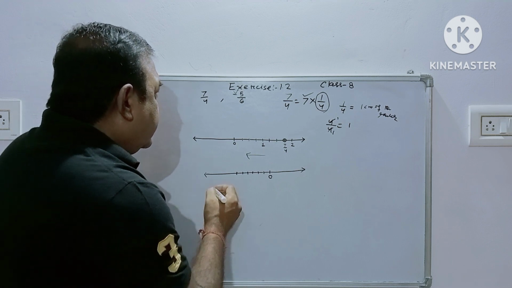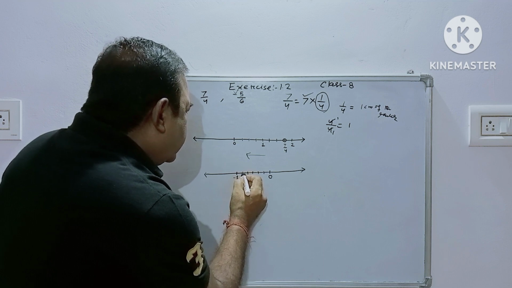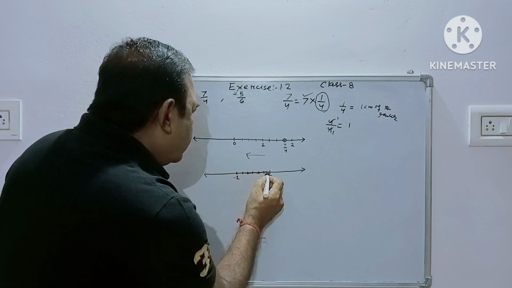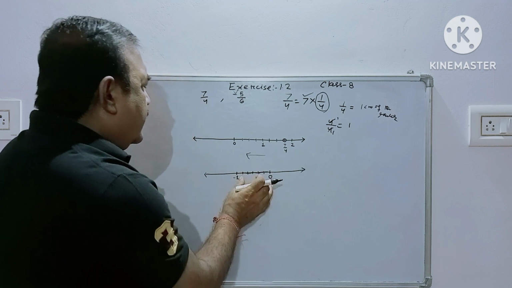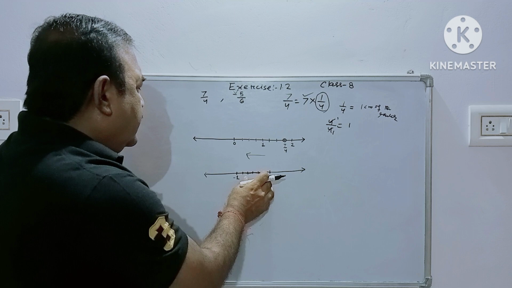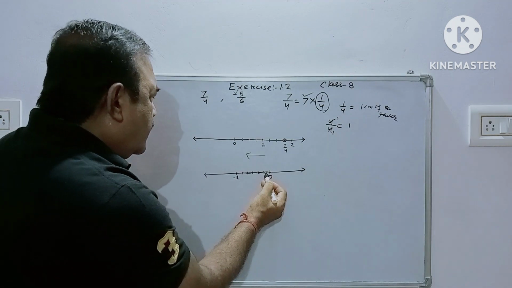Okay. So this is my minus 1. That means this distance from 0 to minus 1 has been divided into 6 divisions. Yes or no?